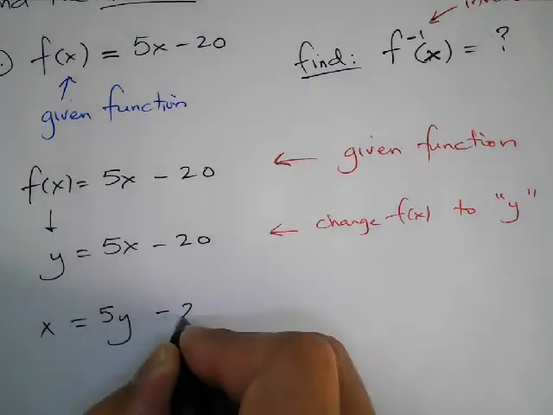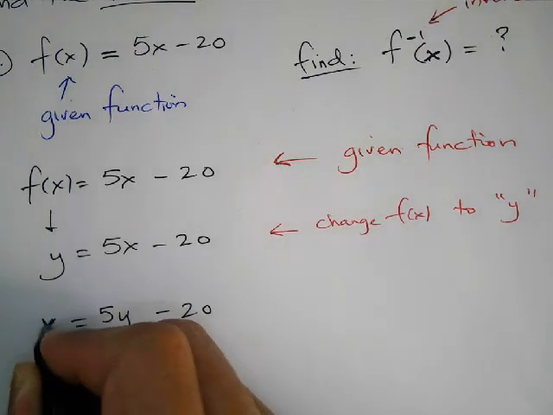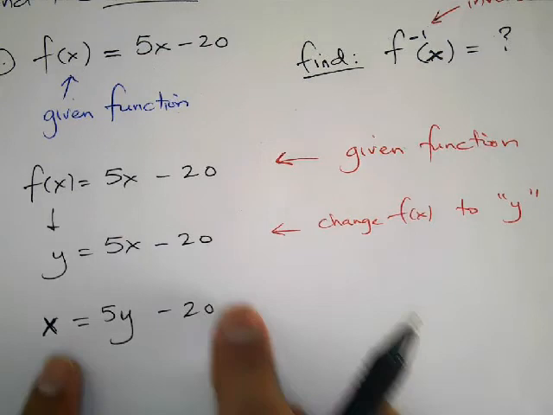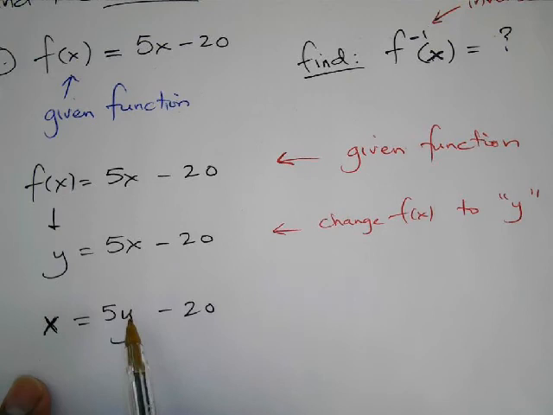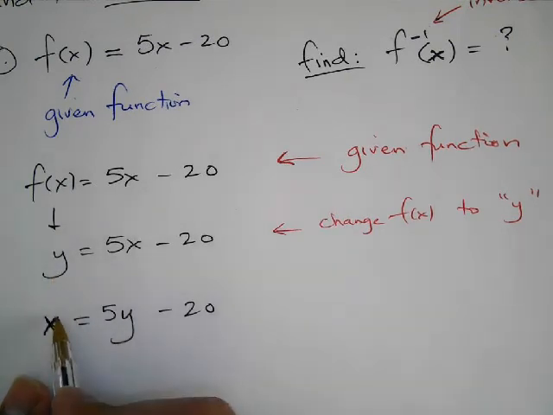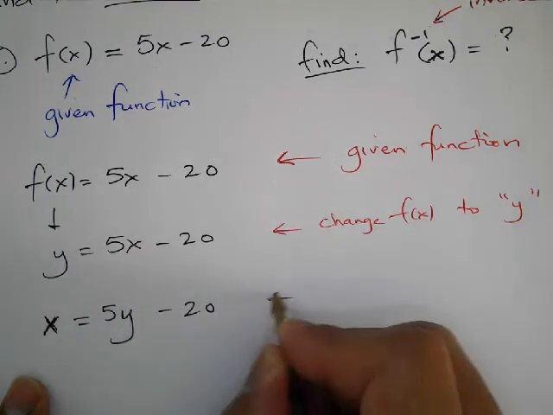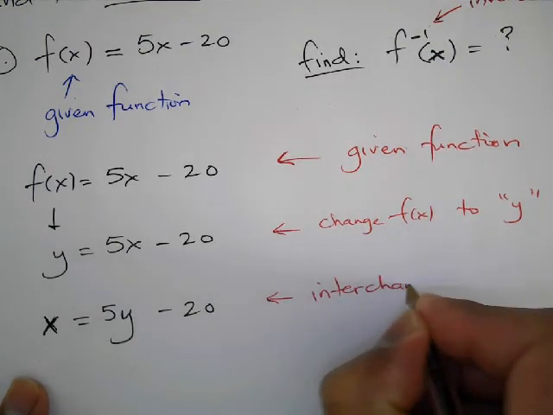X is equal to 5y minus 20. And you're going to be like, what? Now notice what changed. Everything looks like it's in the same place. So the only thing that honestly really happened is you interchanged. The y changed to the x, and the x changed to the y. That's what's going to happen on this step.